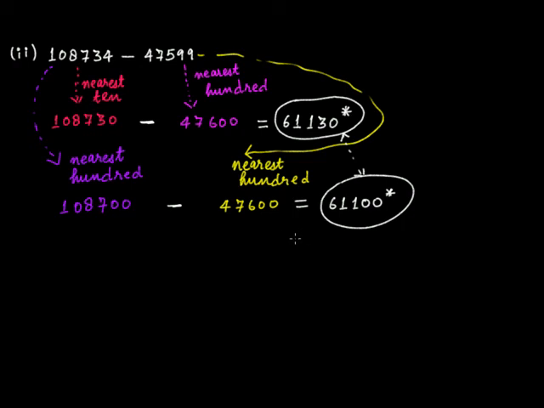just keep one thing in mind: always round off numbers in a way that after rounding off, you get a number which has minimal variation or deviation from its original value. In that case, you will find the most accurate or reasonable estimation, and always your calculation should be easy.